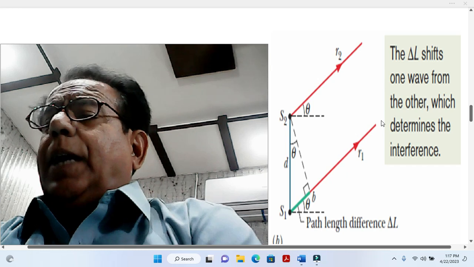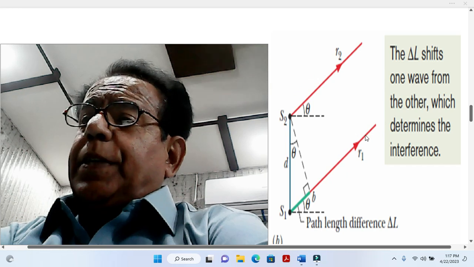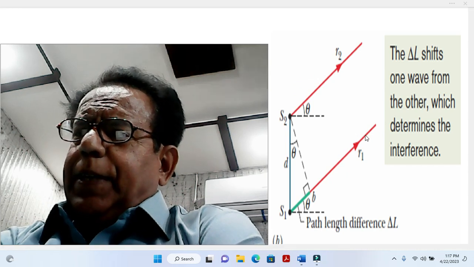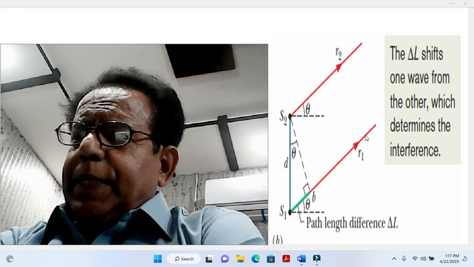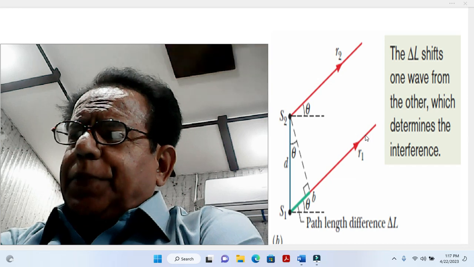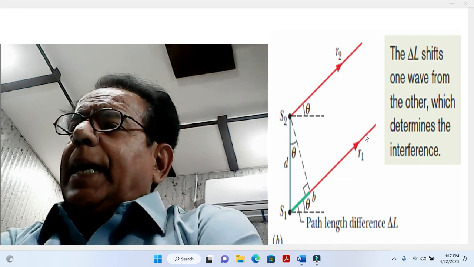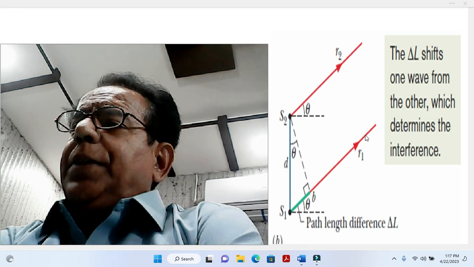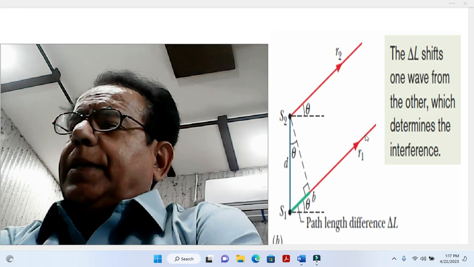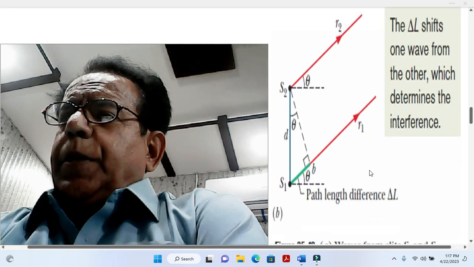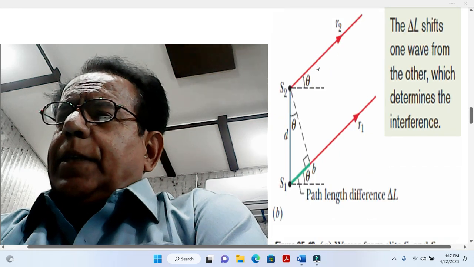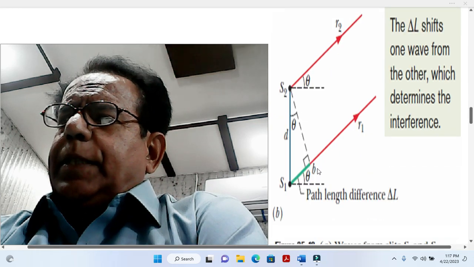This is part B of this figure. S1, S2, d, theta, B, theta, path length difference delta L. The delta L shifts one wave from the other, which determines the interference. This is R1, this is R2, this is theta, this is also theta, this is also theta.